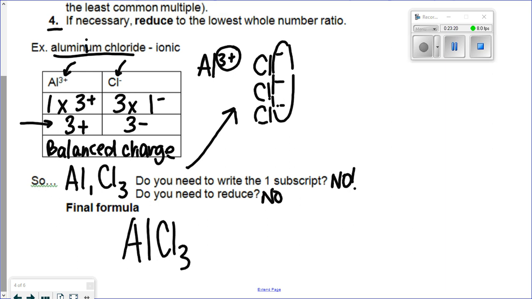Again, we took out that 1 because it's redundant and it can get really confusing later. So AlCl3 is our final formula for aluminum chloride. We see that the subscripts are important because they balance out our charges, but when we're naming it, we don't pay attention to the numbers in ionic compounds.